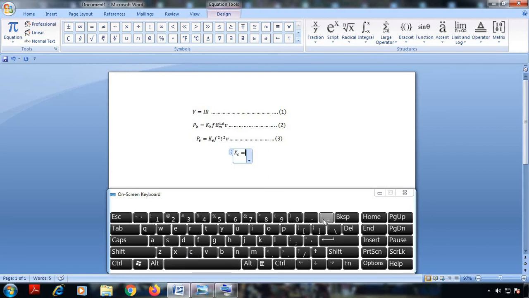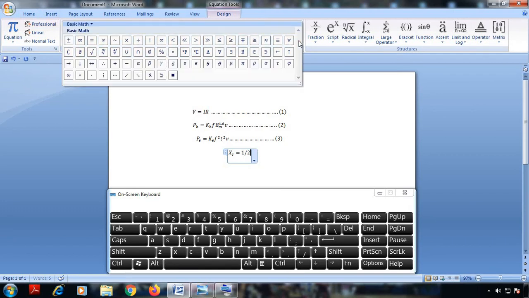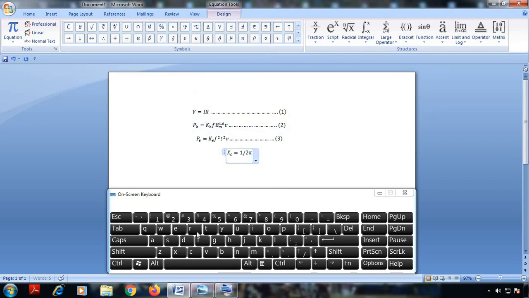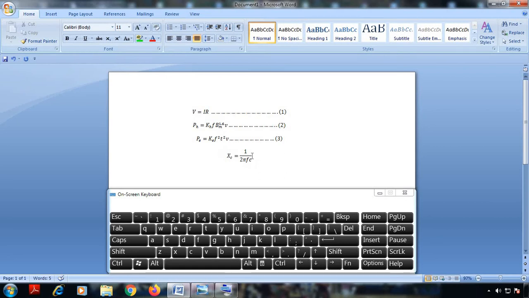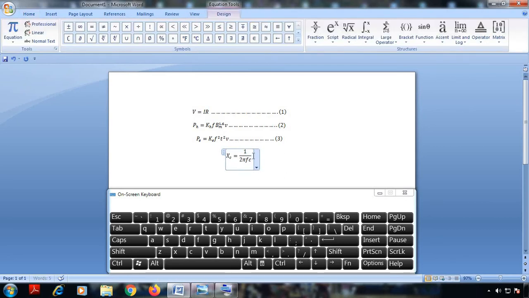Now equal to, I want to write it as 1. You will make use of forward slash now because I want a numerator and a denominator. 2 pi, if you find it convenient, you can directly make use of the symbols from here as well. 2 pi F C and space. Here you can observe that the equation is being typed and it looks more convenient and presentable as compared to directly writing those equations in Microsoft Word.